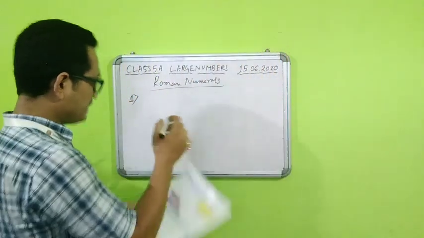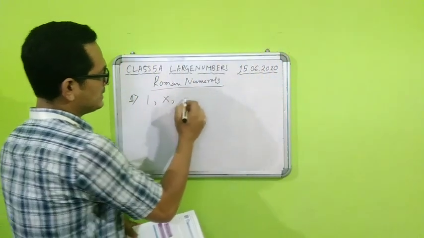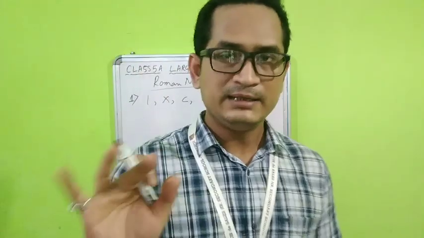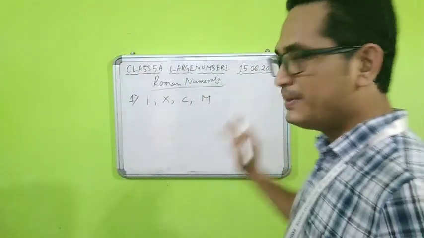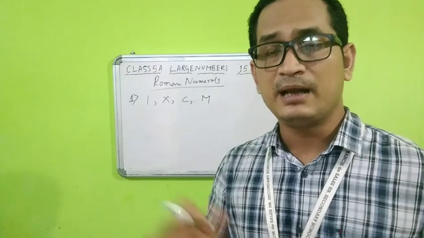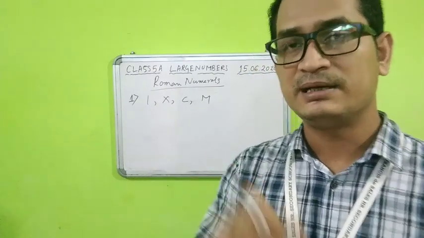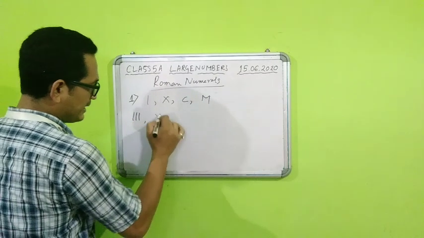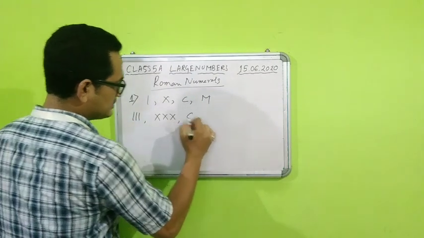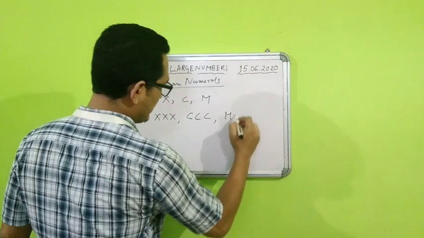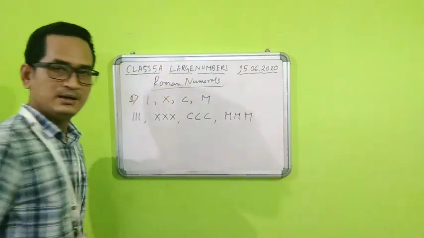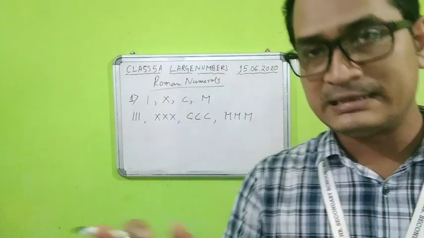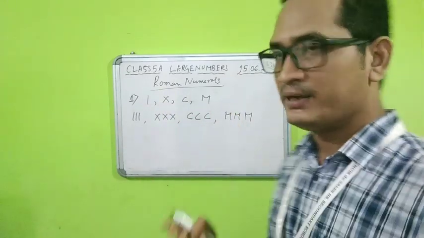Out of the 7 symbols, only these 4 can be repeated, but maximum 3 times. That means I can write III, XXX, CCC and MMM.